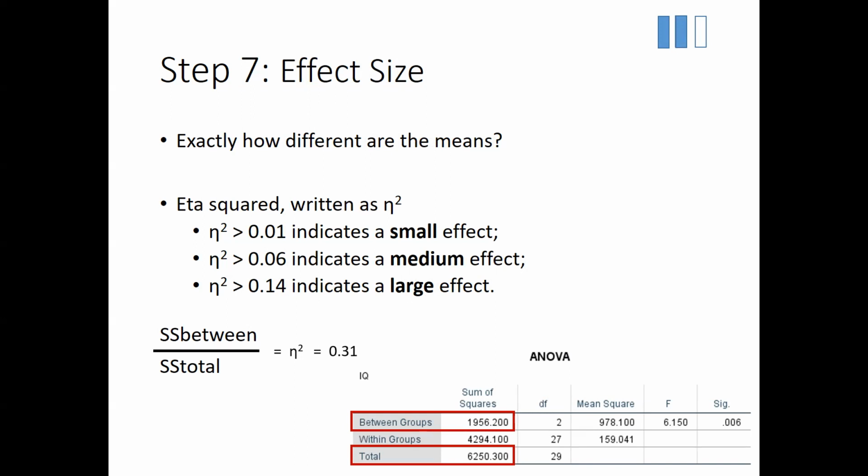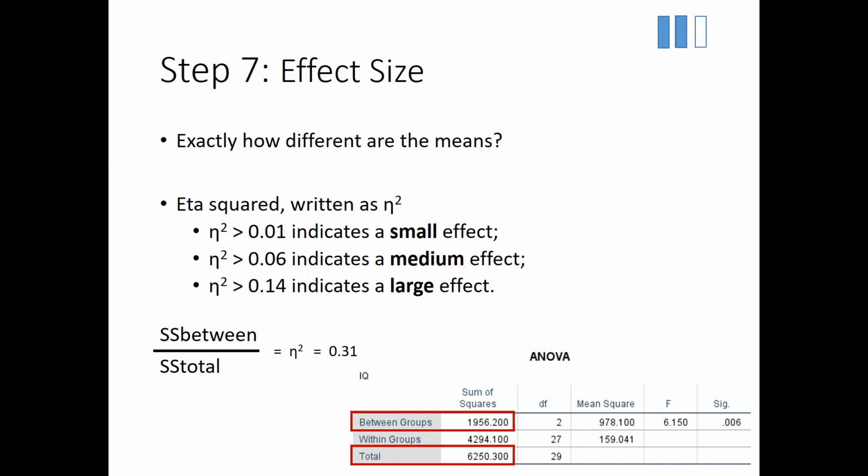Kara, go ahead. Do you ever figure in an eta for the within groups? Would you do the sum of squares within divided by the sum of squares total, and that would give you the variance within the little pockets? It'd be 0.69. One minus 0.31. Oh, yes, got it.